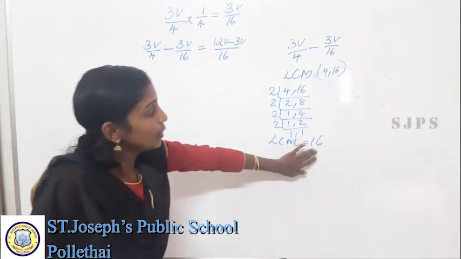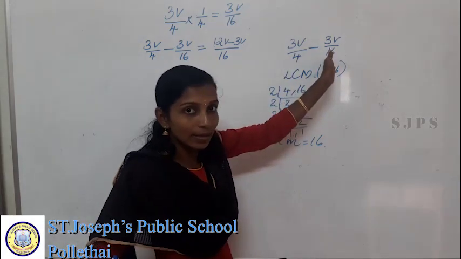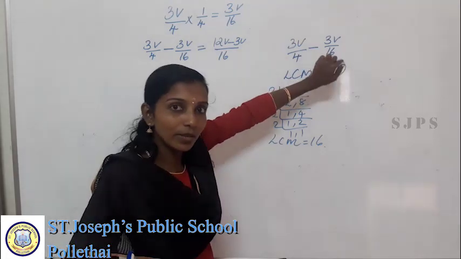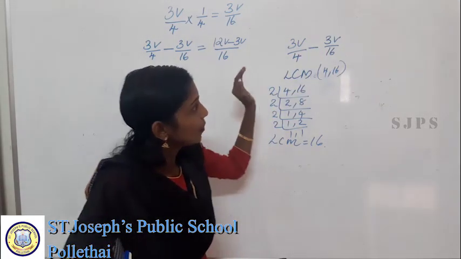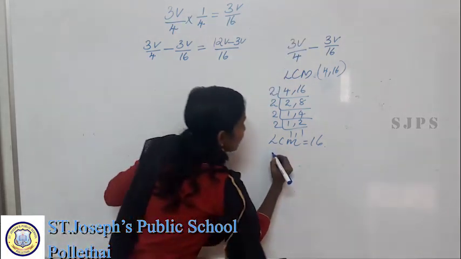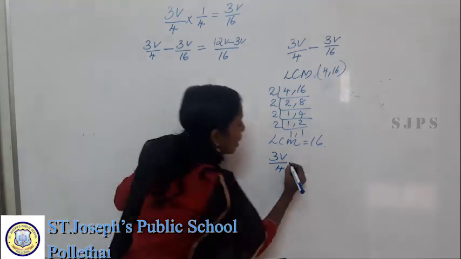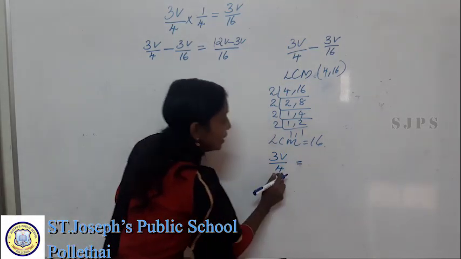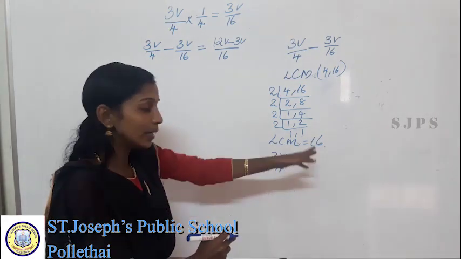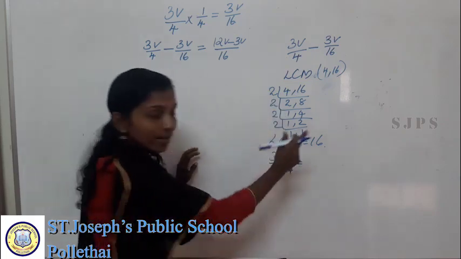Next, we want to change the denominators of these two terms to the LCM. Here in the second term the denominator is 16, so we only need to change the denominator of the first term, 3V by 4. How can we make the denominator 4 become 16? 4 into 4 we get 16.